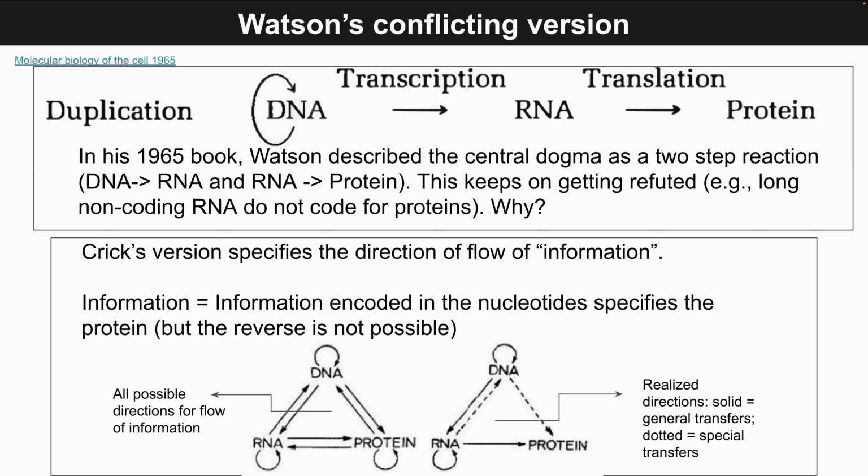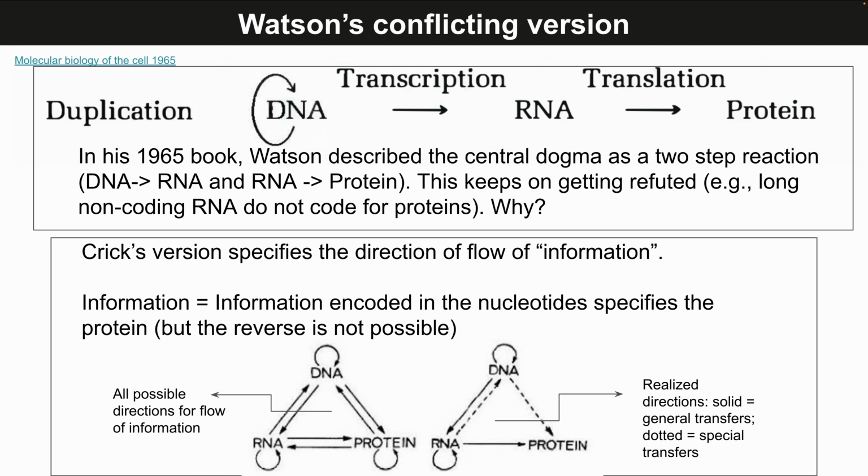Right? In his 1953 paper, Francis Crick, the other part of the famous duo or trio, Watson, Crick, and Franklin, talked about this particular diagram, where he very clearly writes that the arrows being drawn are a flow of information.